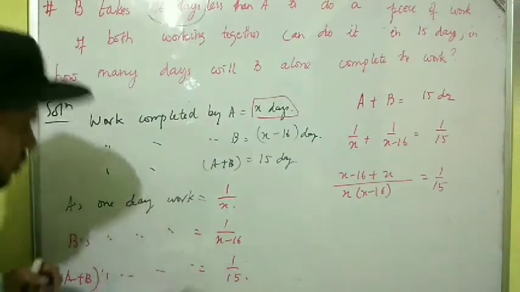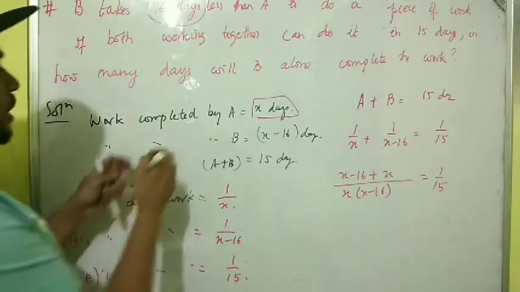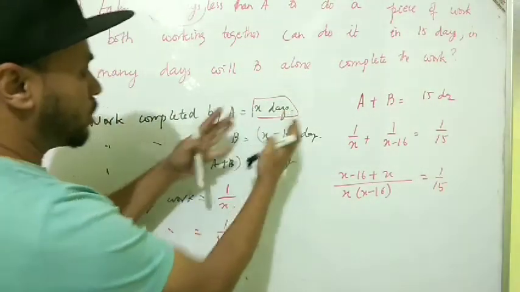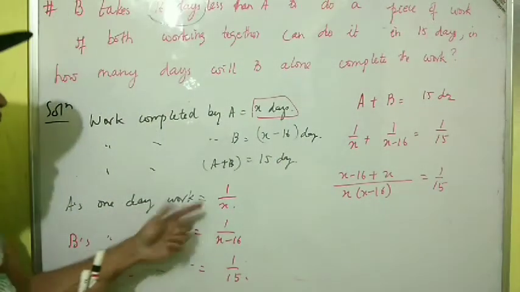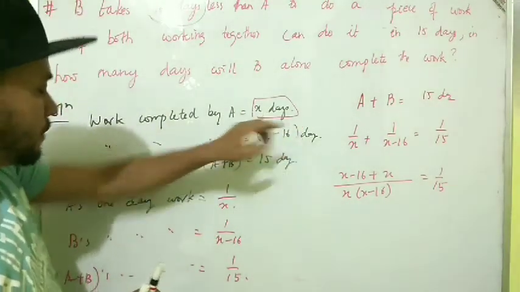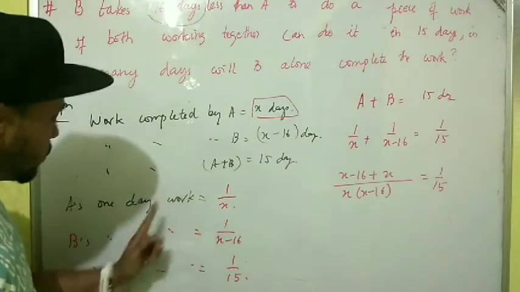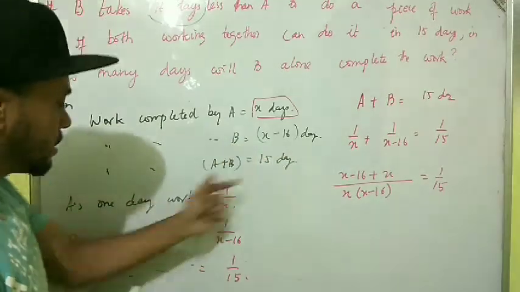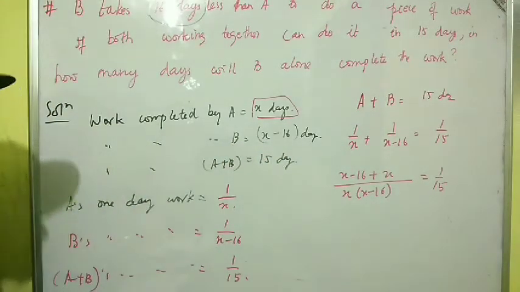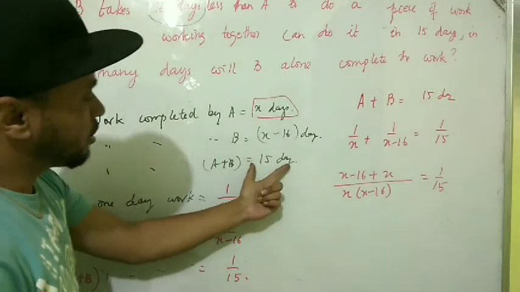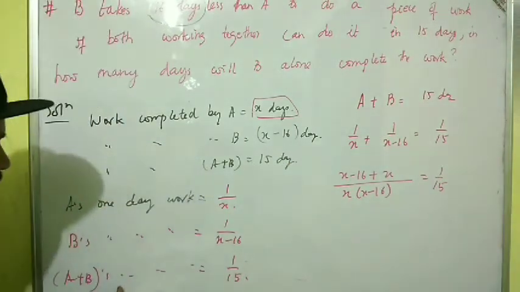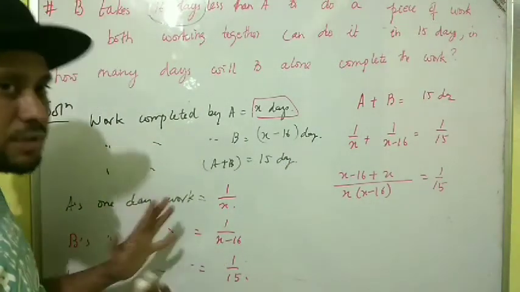Most people will get confused with this part. Whatever number of days is given, to find the 1 day's work we take 1 divided by the number of days. Similarly for B, 1 day's work is 1 divided by its number of days. So A and B together complete the work in 15 days, so their 1 day's work is 1 divided by 15. This is the pattern.